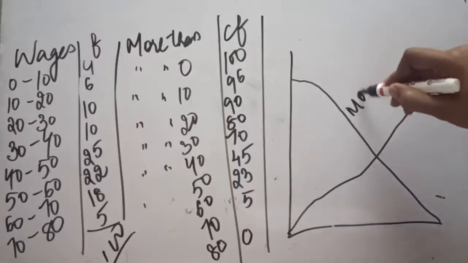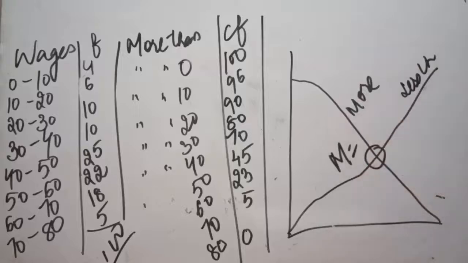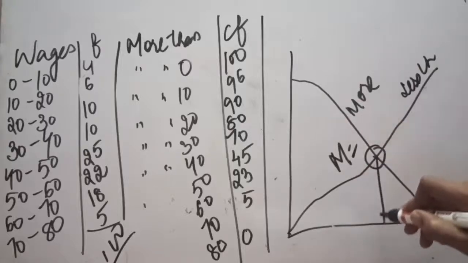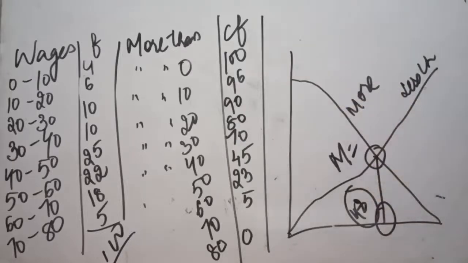This is a more than ogive. So where these two ogives cut, this is also the point of the median. When you draw a perpendicular from here, again you will see the median is 48 in this question. So either you can go with one of less than or more than, or you can draw both the ogives in one graph and reach the median value.